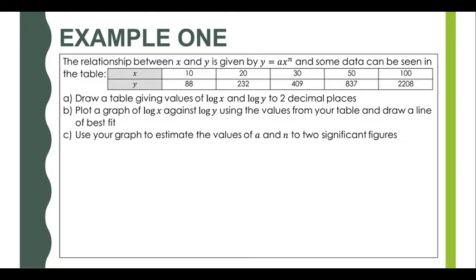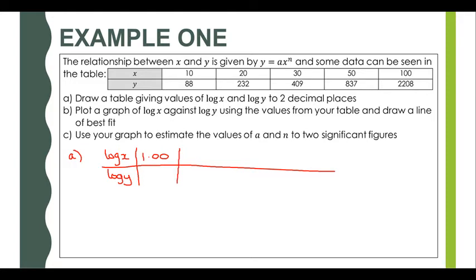For this question, part A simply wants us to draw a table containing the values of log x and log y. So, log x and log y. When x is 10, if we use our calculator, we work out that log x is equal to 1.00 to 2 decimal places.